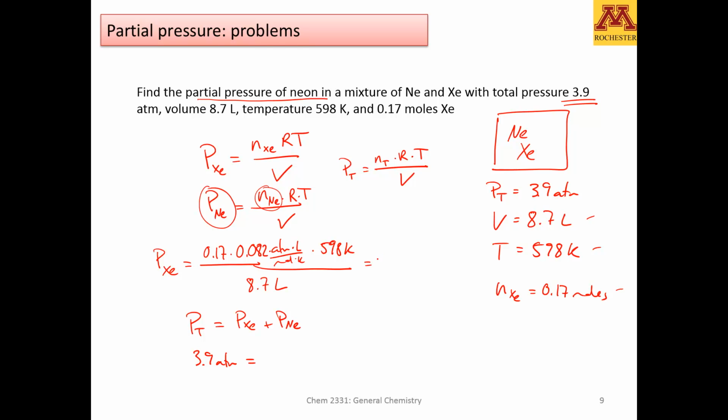I do not have a calculator right now, so I'm going to call this number A, which I know. I just need to plug it into a calculator, and this is what I need to know, the partial pressure of neon. Therefore, the partial pressure of neon is equal to 3.9 atmospheres minus A, which is the value that I calculated here. Therefore, I can find the partial pressure of neon, even though what I have calculated is just the partial pressure of xenon. Hopefully that makes some sense.